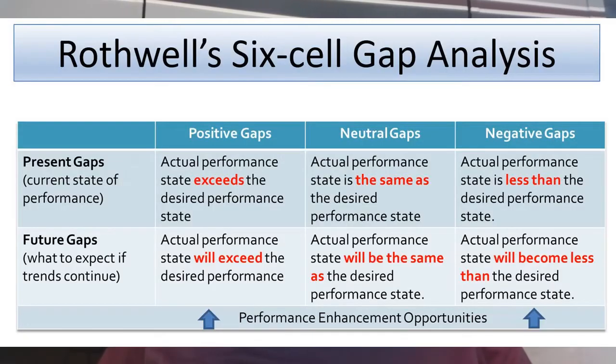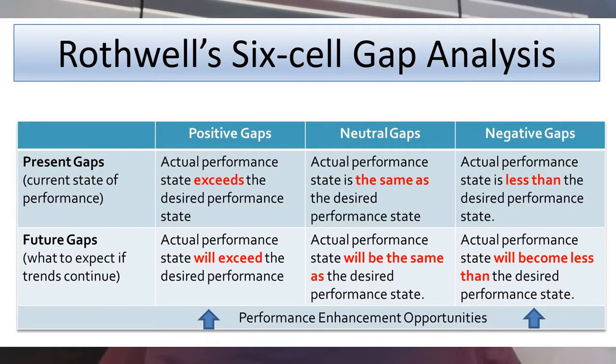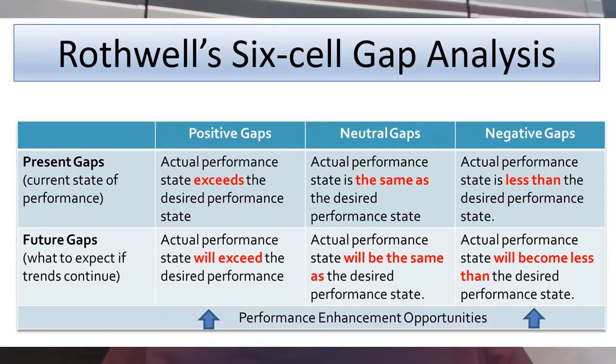I know we've been talking about it quite a lot, what the performance gap is, but now we're really going to dig down into what it actually is, and we're going to be looking at Rothwell's 6-cell gap analysis, and we're going to be looking at present gaps and future gaps, and there's a really good chart that we're going to go over to help you determine the gaps and so forth.